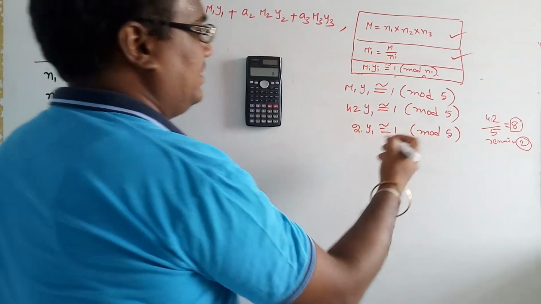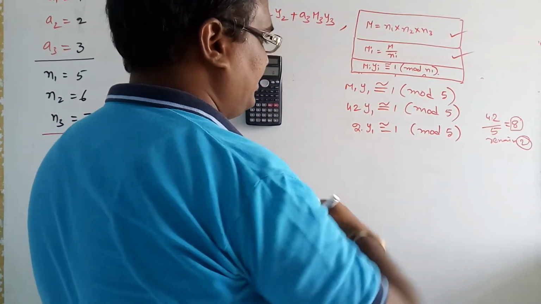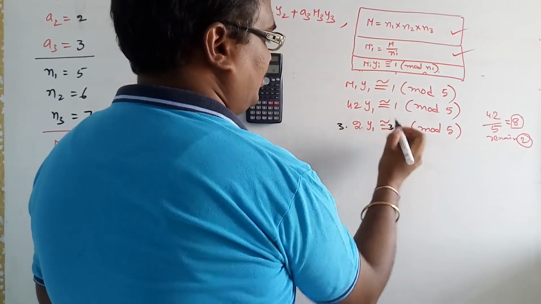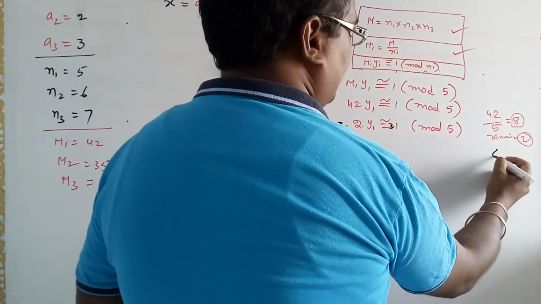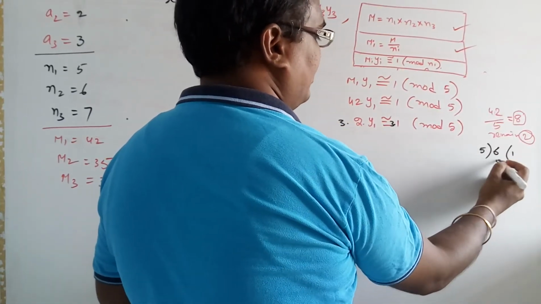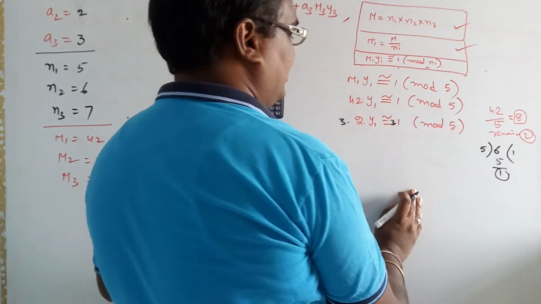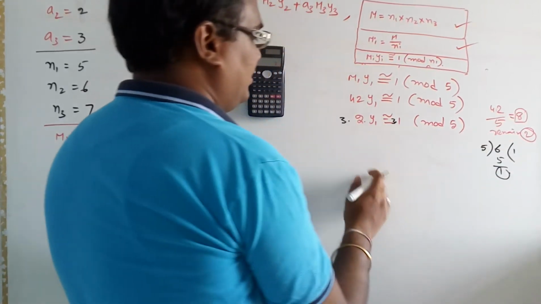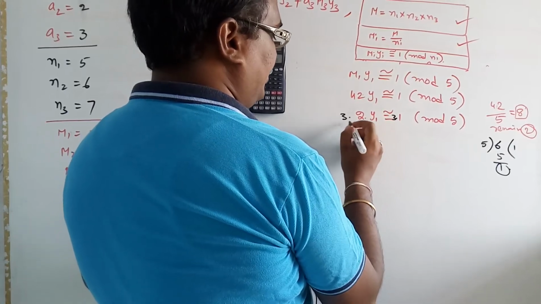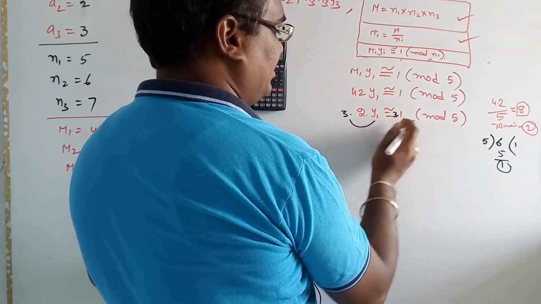Next, I am multiplying both sides by 3. 3 into 2 and 3 into 1. 3 twos are 6, and if you divide 6 by 5, 5 ones are 5, remainder 1. Okay, there is no problem.